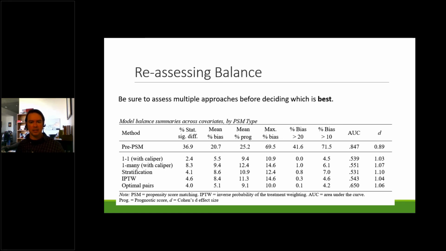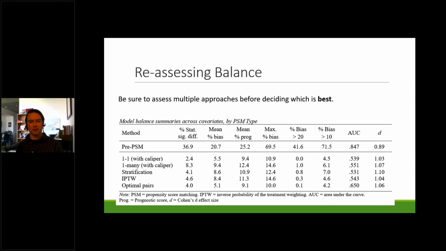I typically run at least 3 different types. So I'll run 1 or 2 matching techniques, I'll run a stratification technique, and I'll run at least 1 weighting technique, and just compare them on all their balance metrics that we talked about, and ultimately the treatment effect.